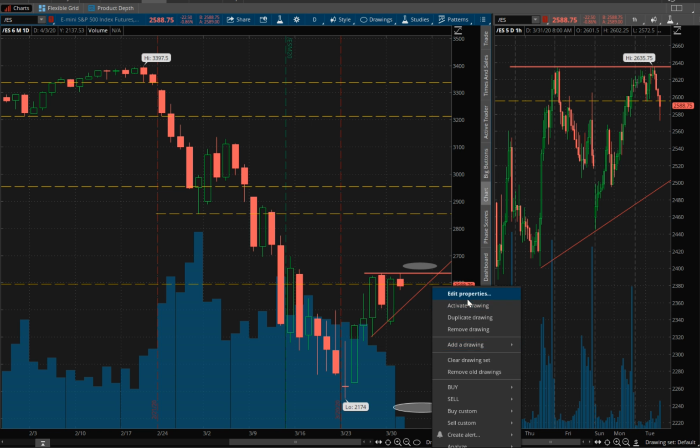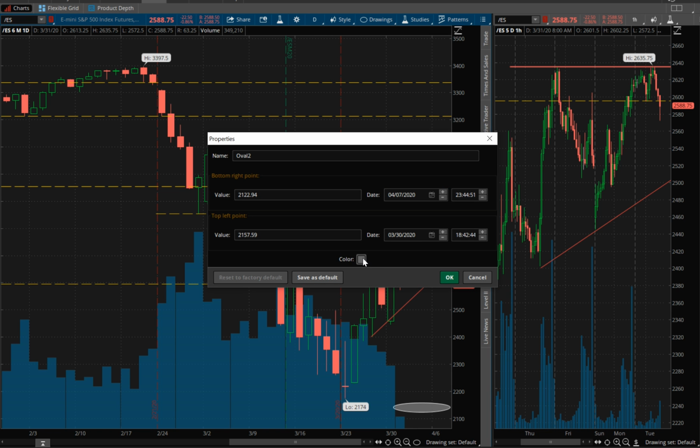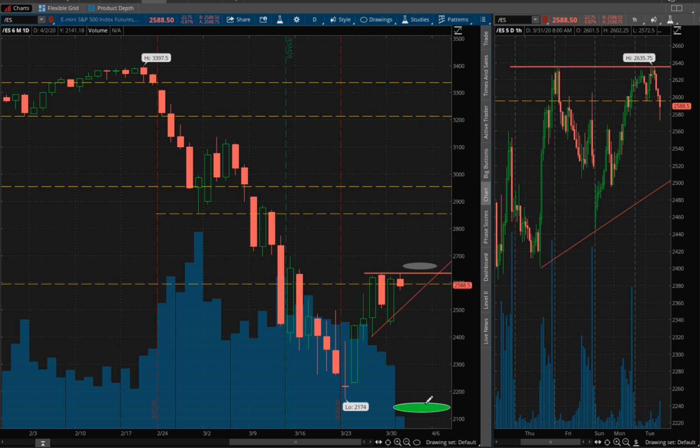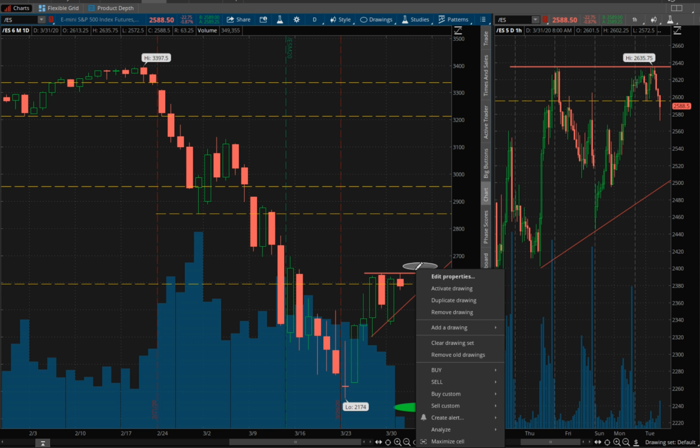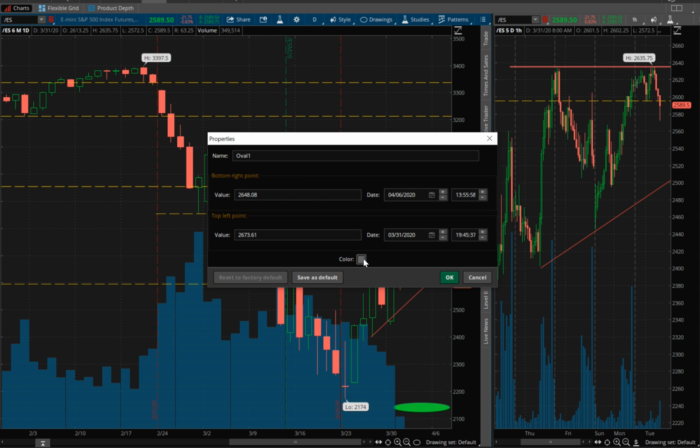Definitely could see profit potential in this vicinity here, and calculated loss in this area here.